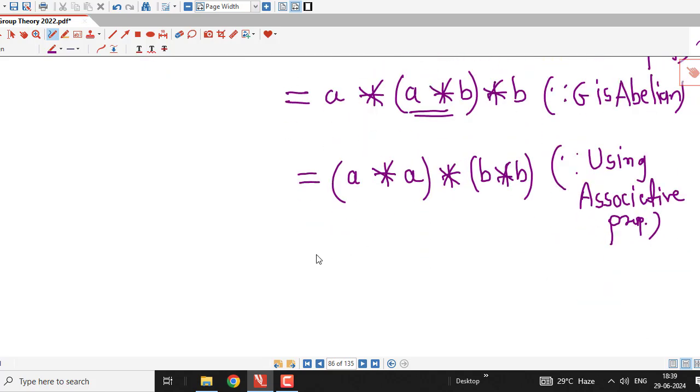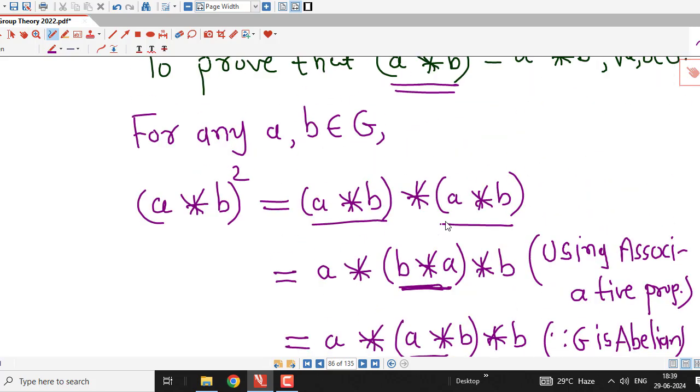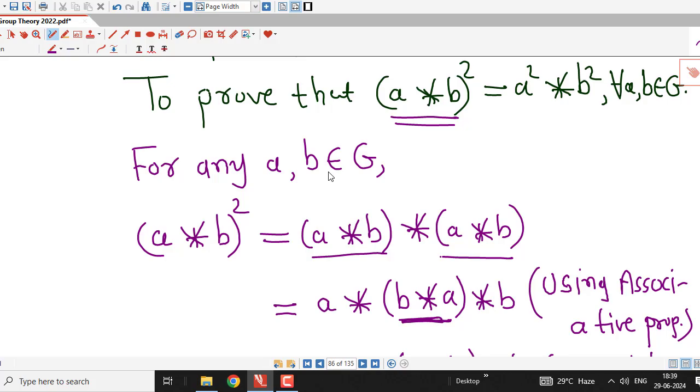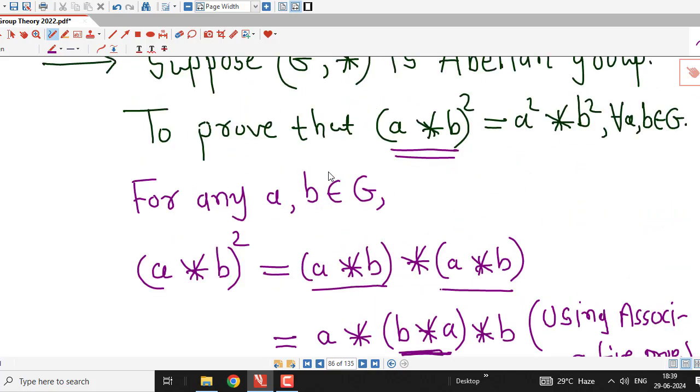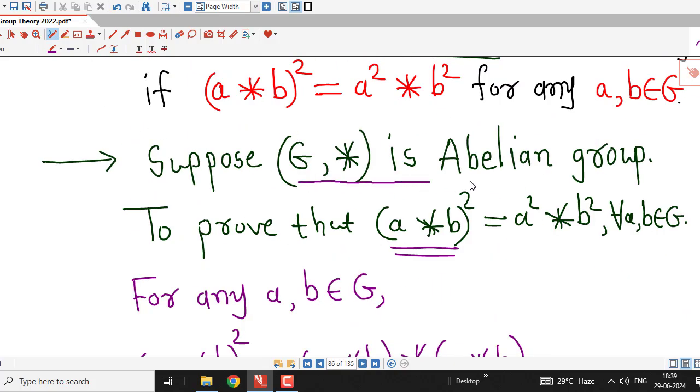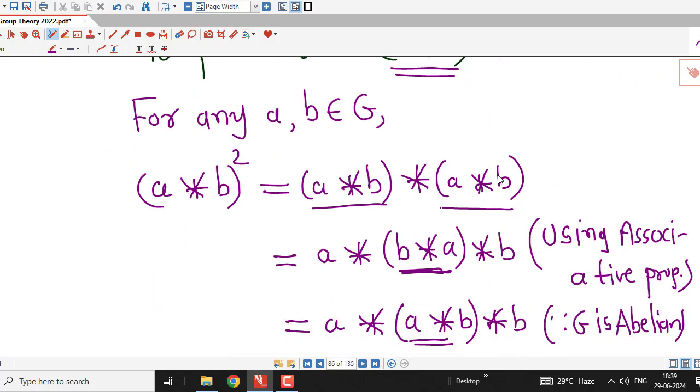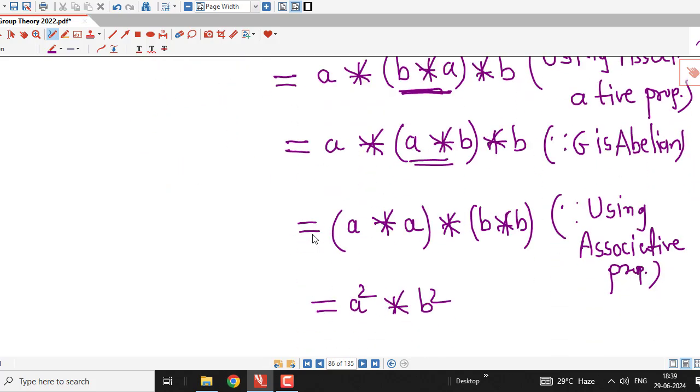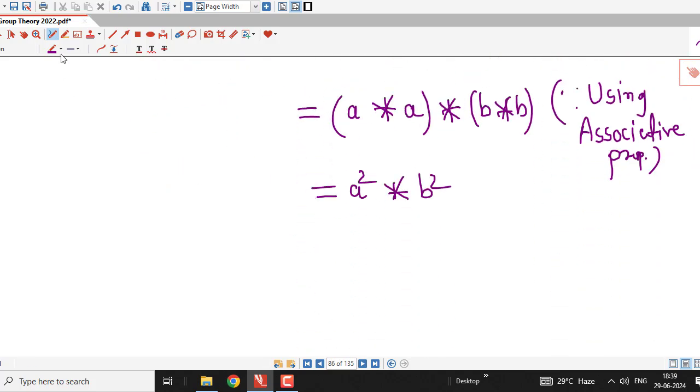And this A star A can be rewritten as A square and this can be rewritten as B square. And this A and B are arbitrary. Therefore we have shown that if G is an abelian group, then for any two elements of G, this property is satisfied, that is, the square of A star B equals A square star B square.